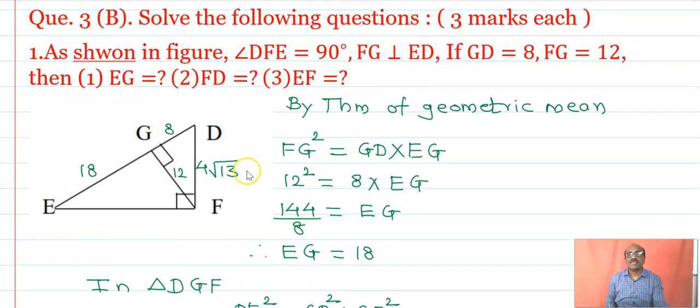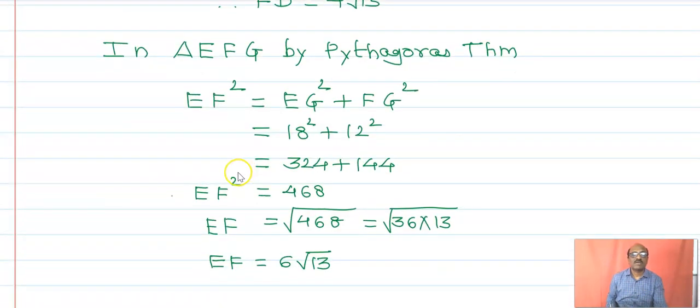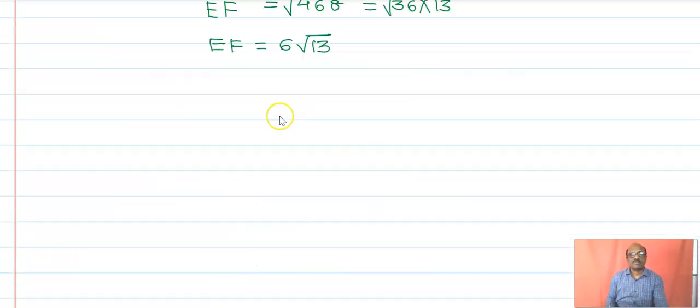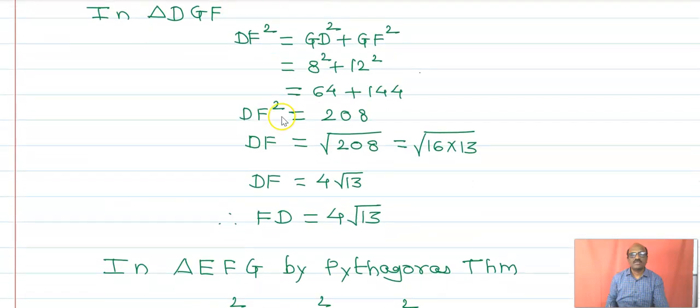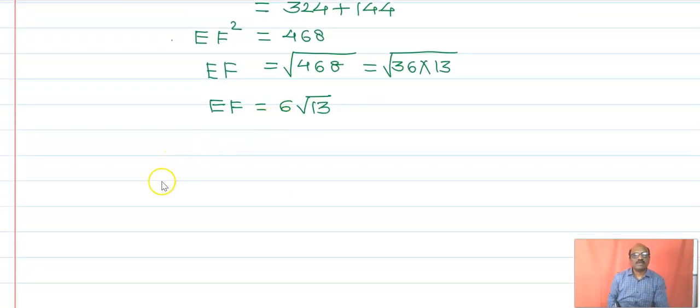Okay, we have completed this, and therefore the answer: EG is 18.